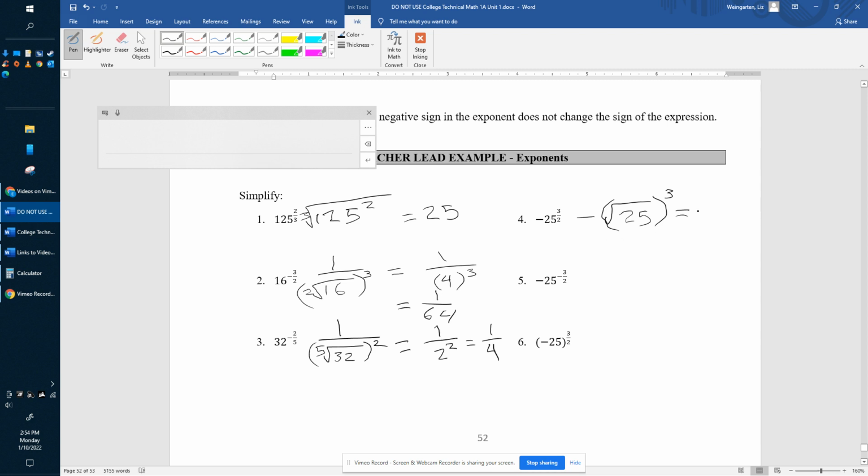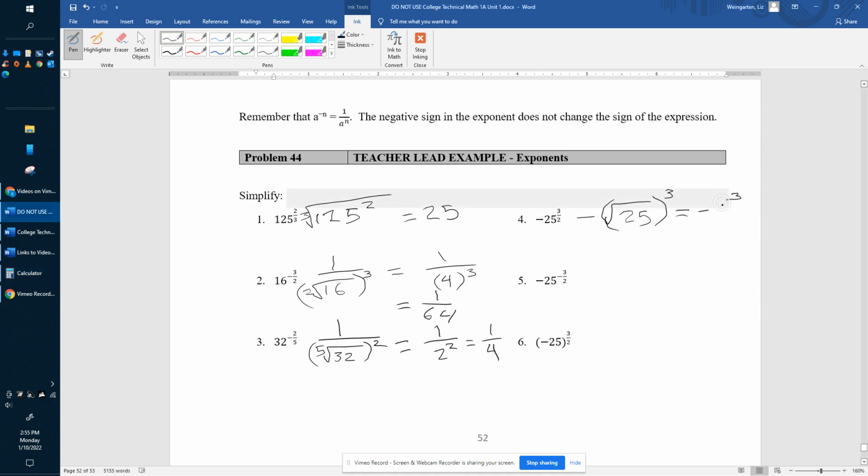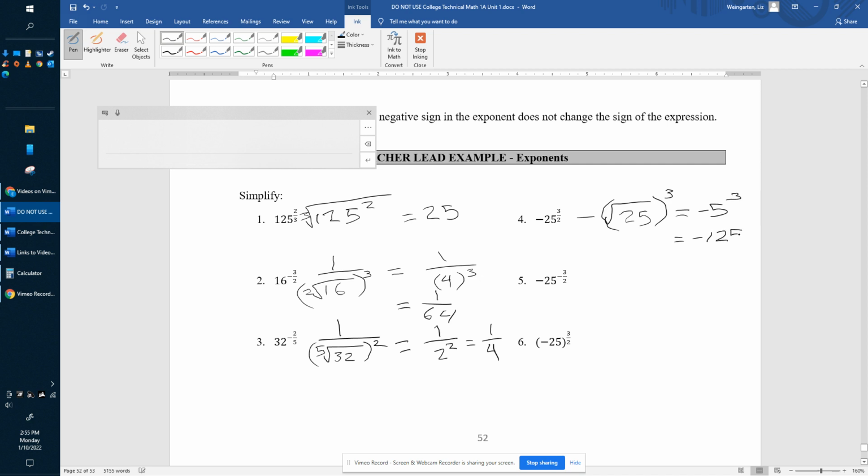So that's going to be negative 5 cubed. I think that's 625, but I'm going to double check. Nope, I'm glad I checked. It's 125. I think if you do it another time, it's going to be 625. It's 5 to the 4th.